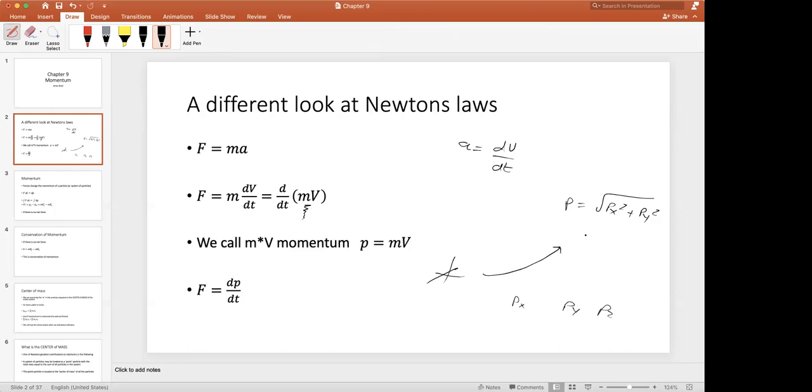But in general, in this course, we're just going to talk about one and two-dimensional momentum, and you treat them separately. You treat the momentum in each direction as its own momentum. That's super important. And then you can sum them to find the final momentum, obviously.